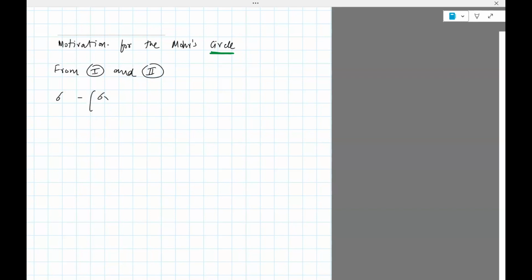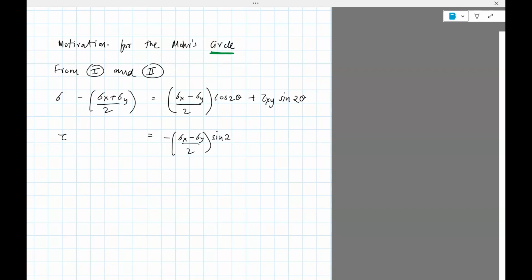Sigma minus sigma x plus sigma y divided by 2 equals sigma x minus sigma y divided by 2 times cosine of 2 theta plus tau xy sine 2 theta, and then tau equals minus sigma x minus sigma y divided by 2 sine 2 theta plus tau xy cosine 2 theta.